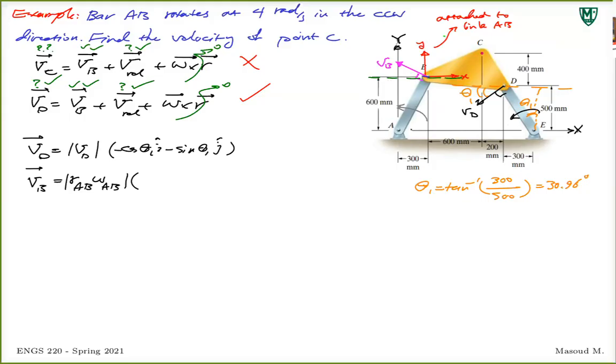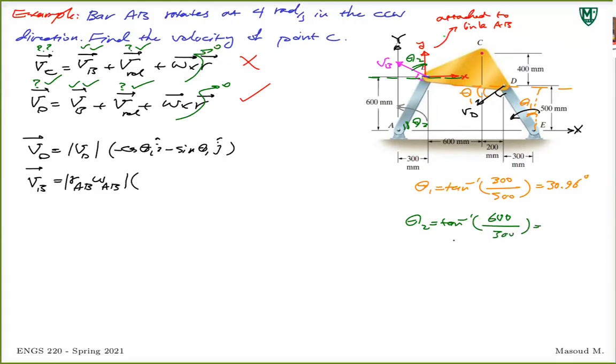You can find this angle here, theta 2. I really drew it badly. I think this angle is the same as this angle, theta 2. Theta 2 would be tan inverse of whatever is opposite, 600, divided by adjacent, 300.